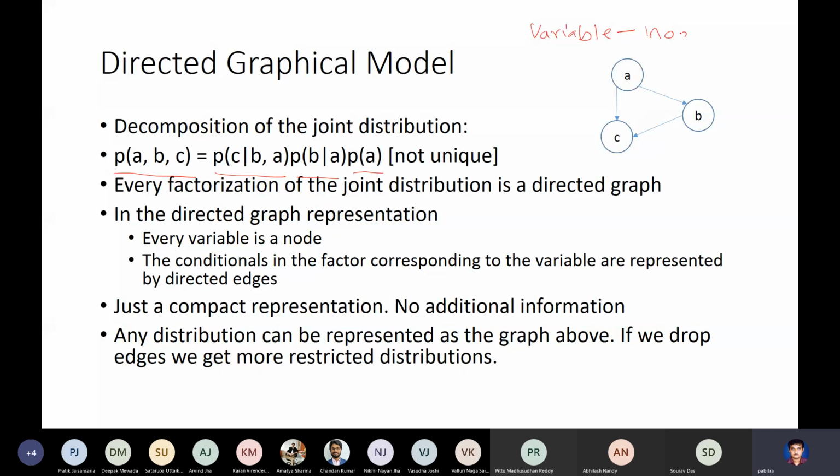For example, let us look at C. You know it is conditioned on B and A. So there will be a directed edge from A and B to C. So the rule is: look at the factor where C is present, look at the conditions in that factor, and draw directed edges from the conditions, in this case A and B, to the node C. Similarly, this is another factor corresponding to B, and it is conditioned on A. So if we look at B, there will be a directed edge from A. P(A) does not have any condition, so it has no incoming edges.